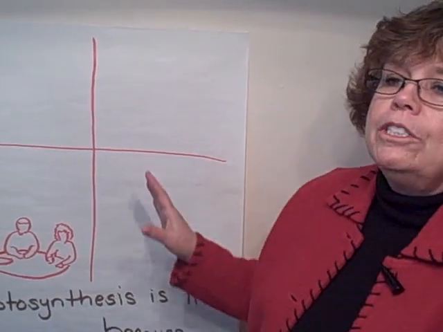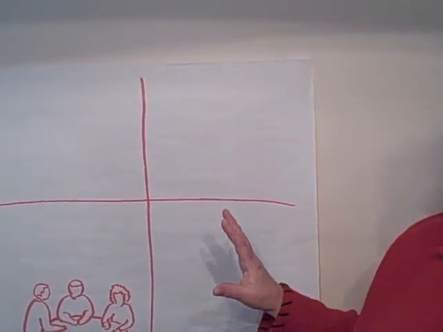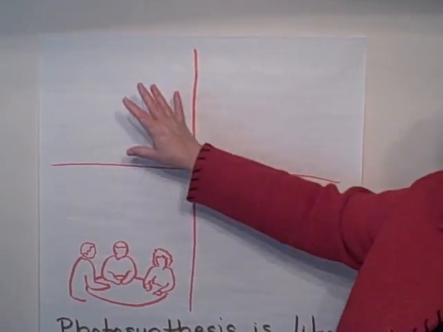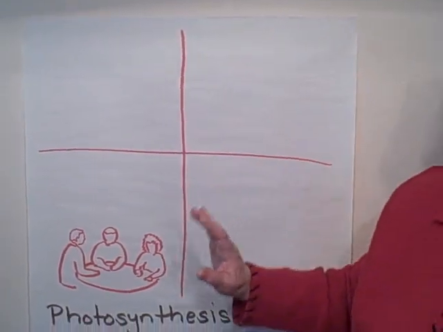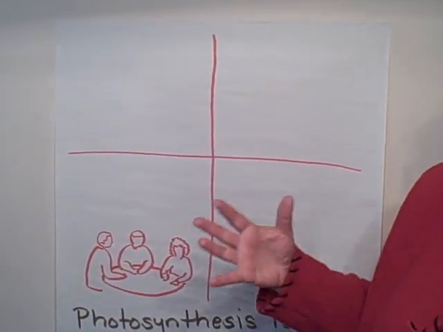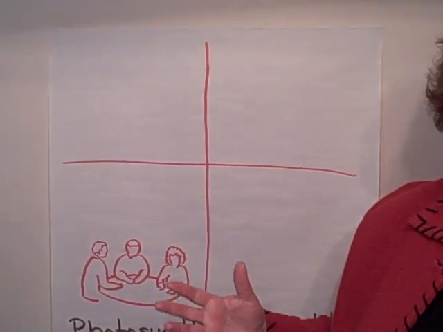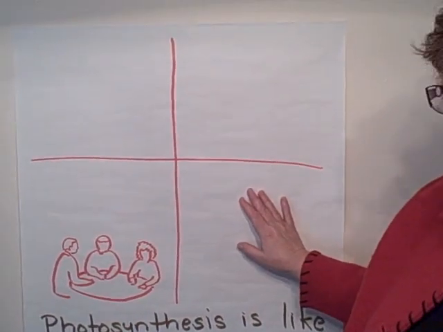I call it Foursquare. You will notice that before you get started, you need to have prepared before the kids come in some kind of chart, whether it be on chart paper like this, or maybe it's on your whiteboard, maybe it's on your computer and you're using an LCD screen, or maybe it's on a chalkboard. But it's got four spaces.